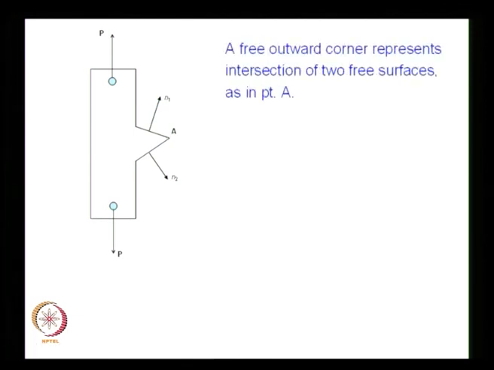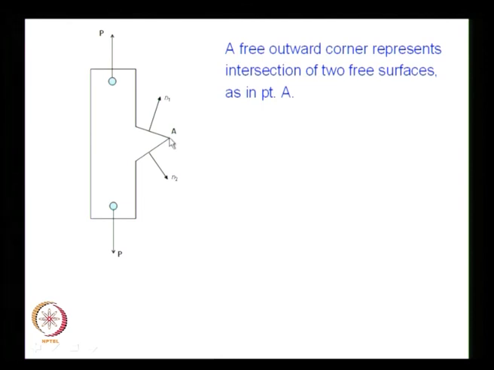And what I have here is a free outward corner represents intersection of two free surfaces, as in point A. This is a free surface given by outward normal n1 and this is a free surface given by outward normal n2, and the stress vector can only be tangential.